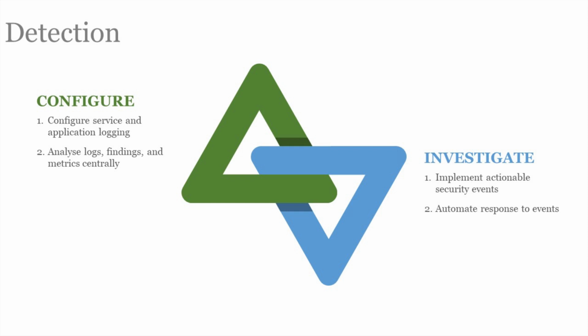2. Analyze logs, findings, and metrics centrally. Apart from collecting all the logs, you should have mechanisms in place to analyze and identify meaningful information from these, and to set up benchmarking of good versus bad logs. AWS services such as GuardDuty and Security Hub can aggregate, deduplicate, and analyze logs received from other services.